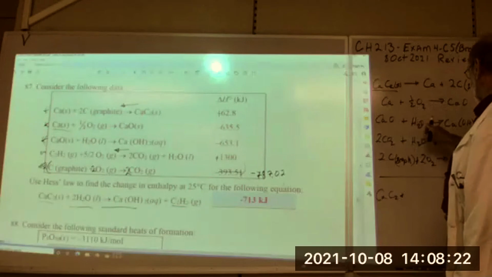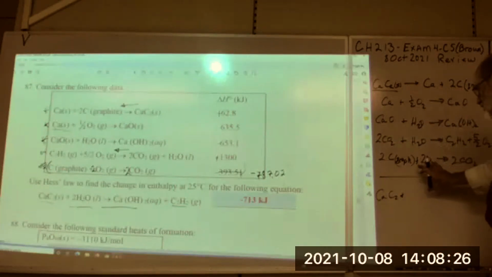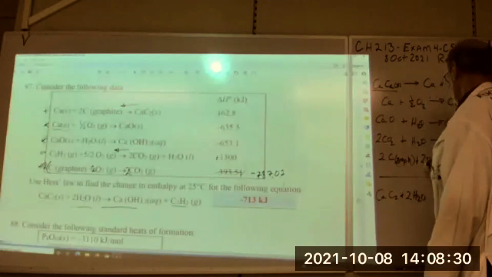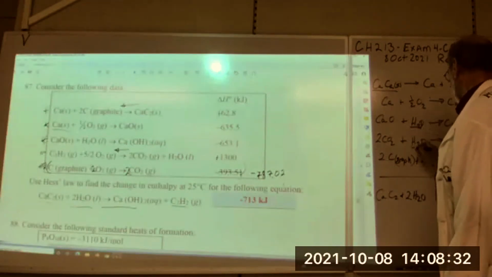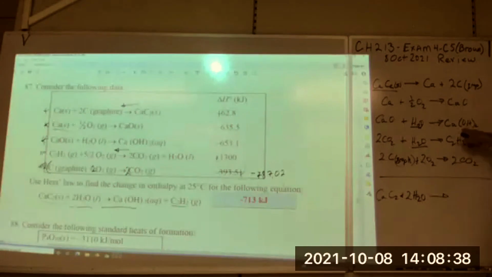Let's see. There's a water, and there's a water. 2 waters. Right? So those are taken care of. How about on the other side? Calcium hydroxide. 1 calcium hydroxide here.